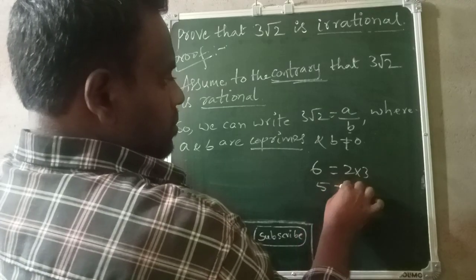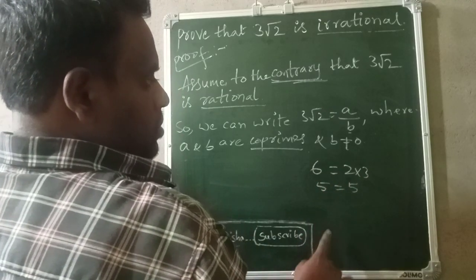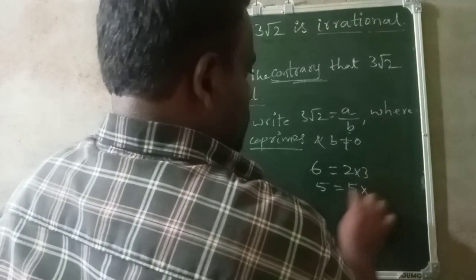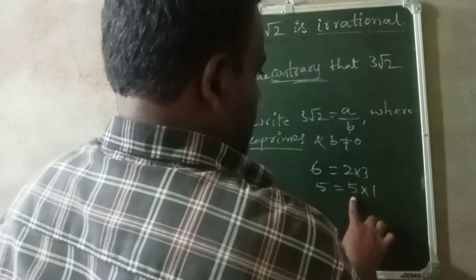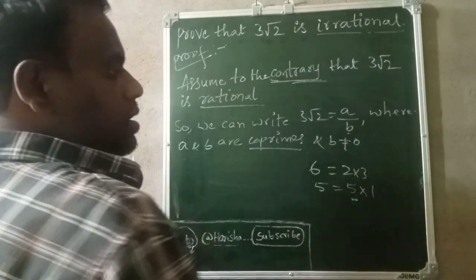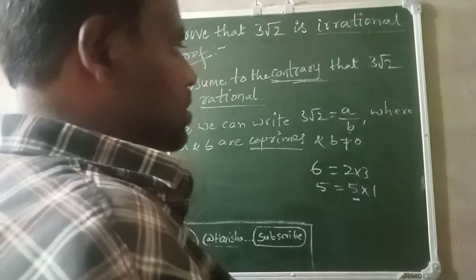Next I will take 5. 5 can be written as a single prime number only. Of course, we can write 5 into 1 because 5 ones are 5. Here 5 is a prime number, 1 is not prime, and it is not composite either.